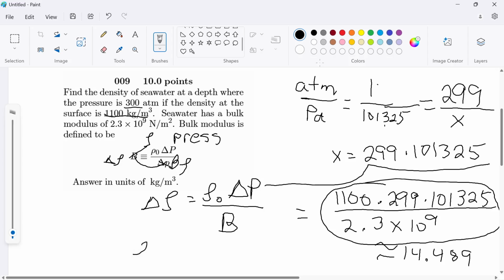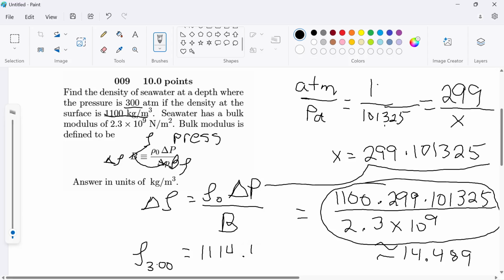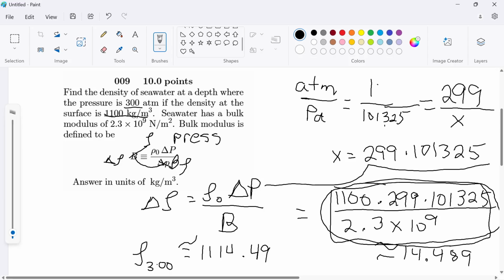So the new density, the density at 300 atmospheres, is equal to 1114.49. That's this whole thing times 1100 plus 1100, which is the exact answer as I did in Desmos. But that's the answer. So find the change in density, add it to the initial density, and that gives you the density at 300 atmospheres.